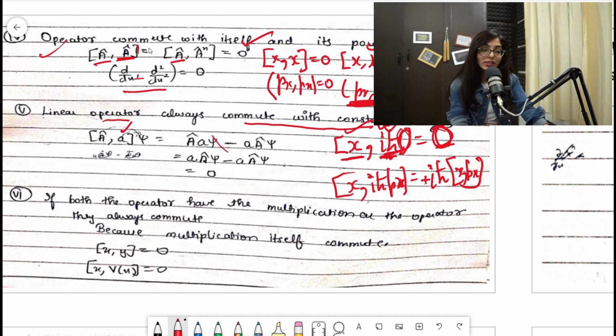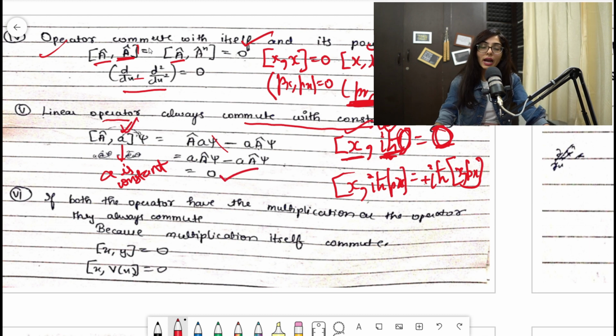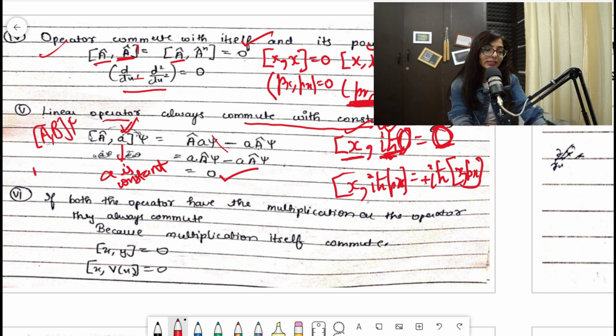Here a is a constant, so any operator with any constant gives 0. I also showed how that value came to be 0. The commutator [A, B]ψ is ABψ minus BAψ, because that is the definition of a commutator.